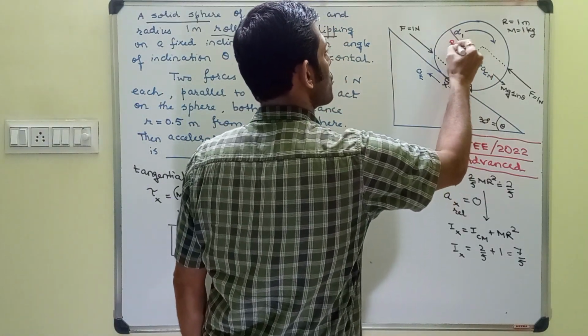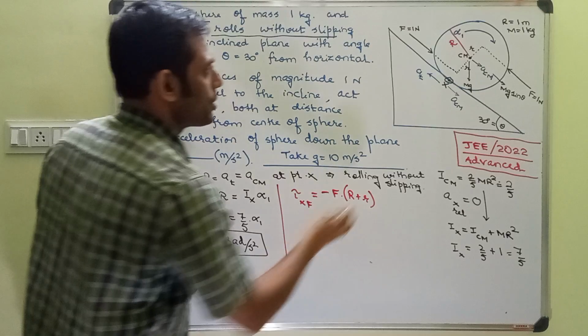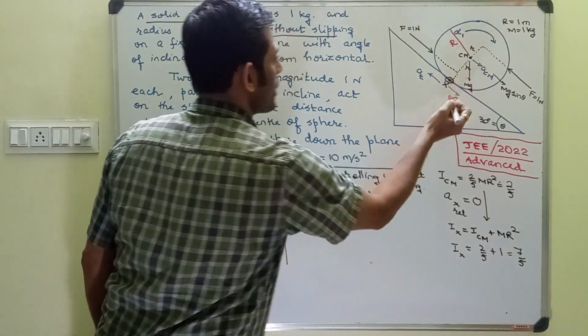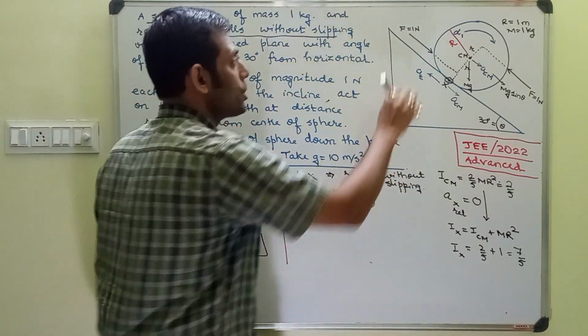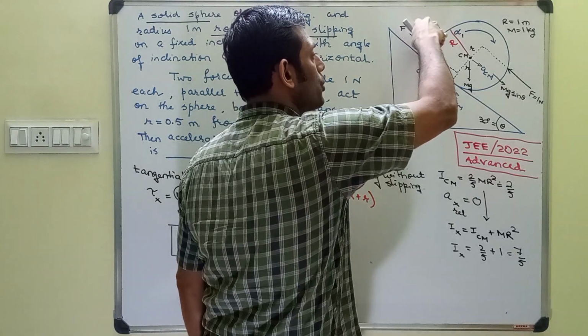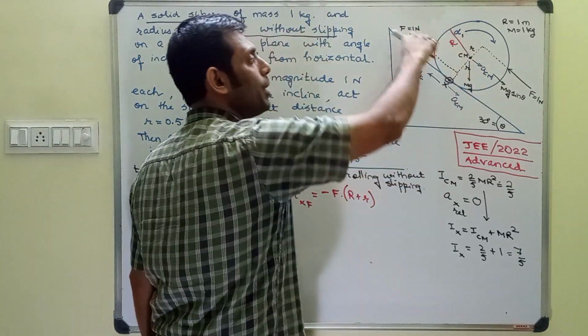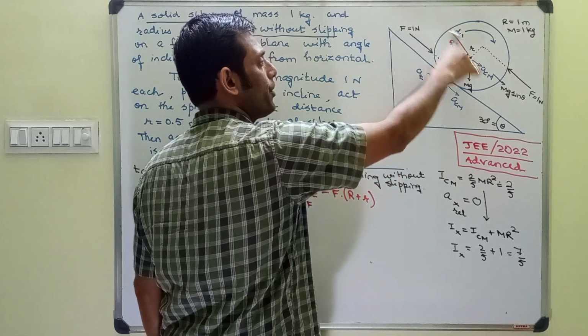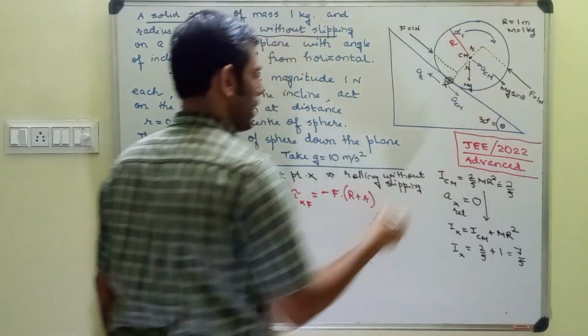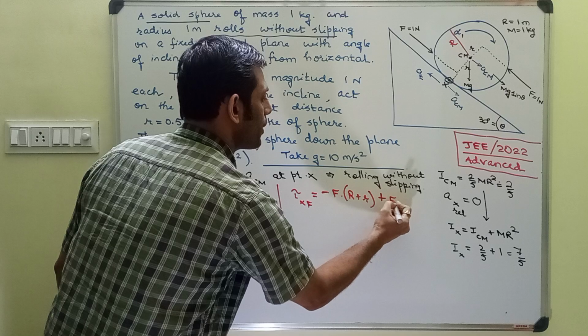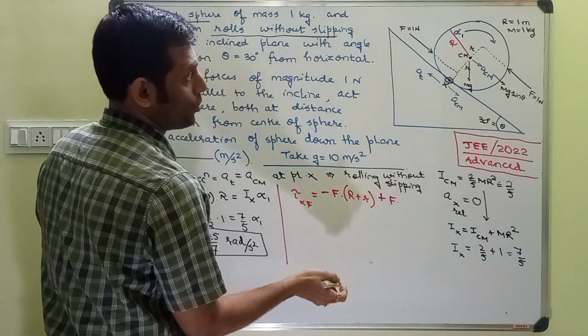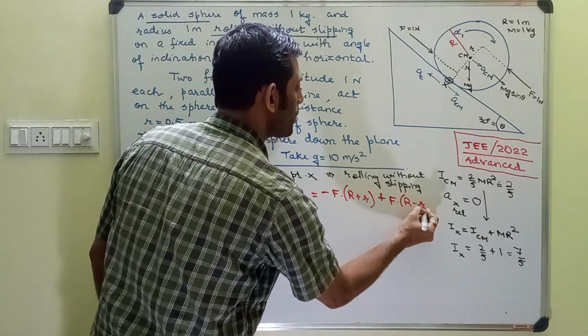Let's say this radius is capital R, and plus small r. And this particular force is producing torque in the same direction about the point x. So plus F into capital R minus small r.